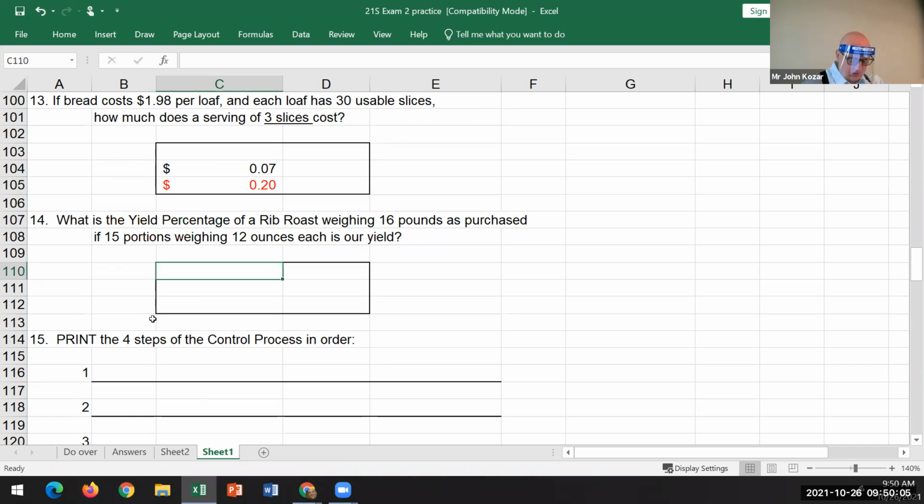So our purchase amount is 16 pounds, and there are 16 ounces in a pound.